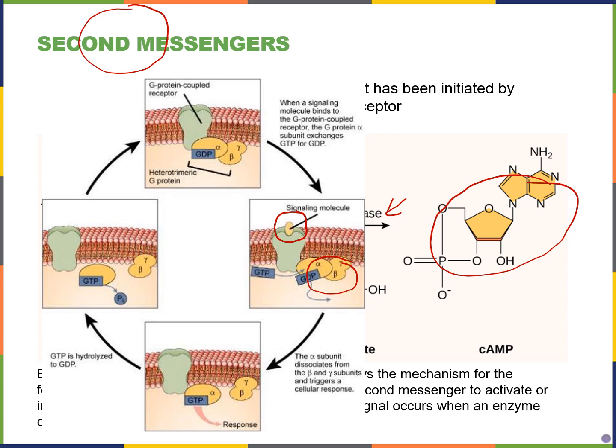So we see this as a process, or that term earlier, I said signal transduction. Since the signal cannot get into the cell, the pathway is activated indirectly. So a bunch of things happen inside the cell that is a result of the signaling molecule changing the shape of the receptor on that cell membrane.